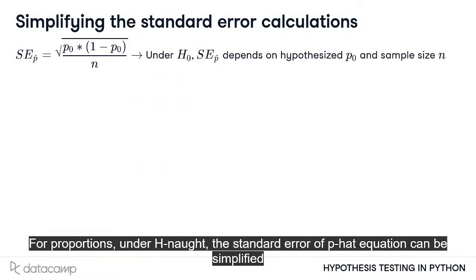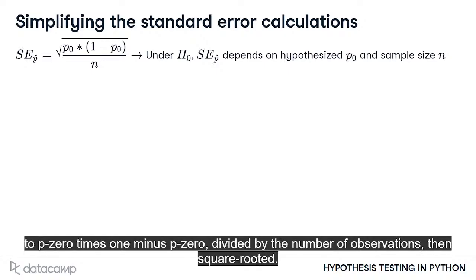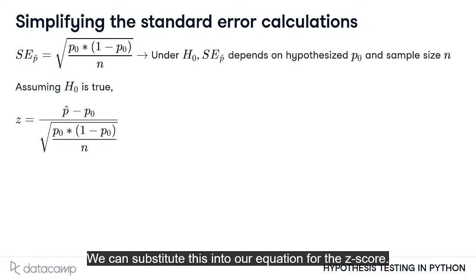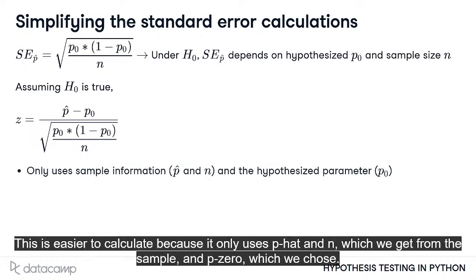For proportions under H0, the standard error of p hat can be simplified to the square root of p0 times 1 minus p0, divided by the number of observations. We can substitute this into our equation for the z-score. This is easier to calculate because it only uses p hat and n, which we get from the sample, and p0, which we chose.